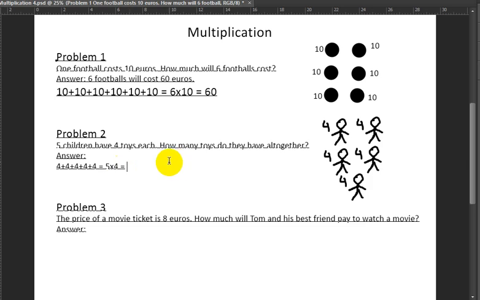So that means I have to say 5, 10, 15, 20. Stop. We stop at the 4th number, which is 20. So the result here is 20. And my answer should be that the children have 20 toys altogether.